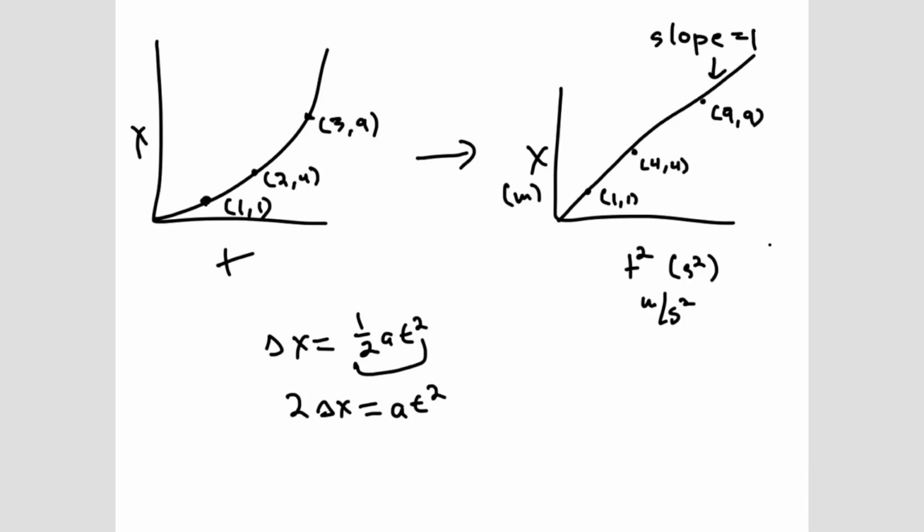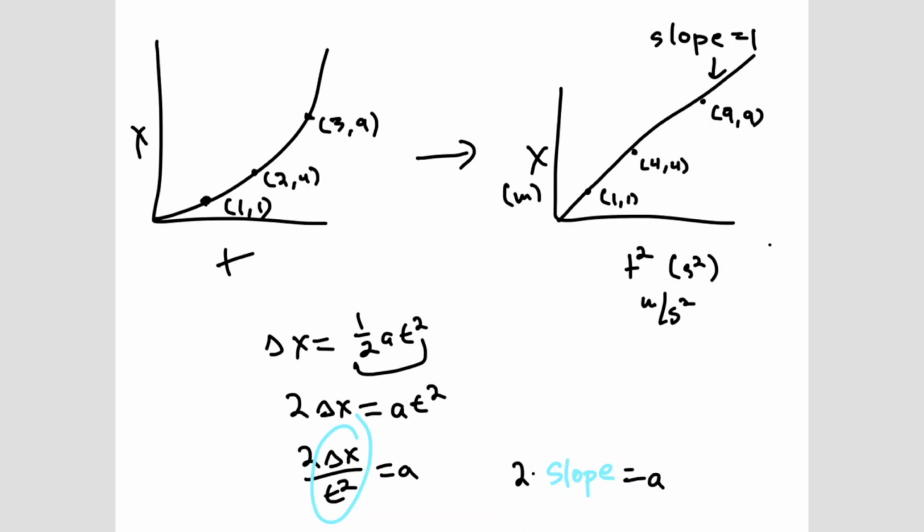Then I can divide both sides by t squared to get 2 times change in x over t squared is equal to a. However, the key part here is that this change in x over t squared, this is the slope. So 2 times the slope is equal to the acceleration.